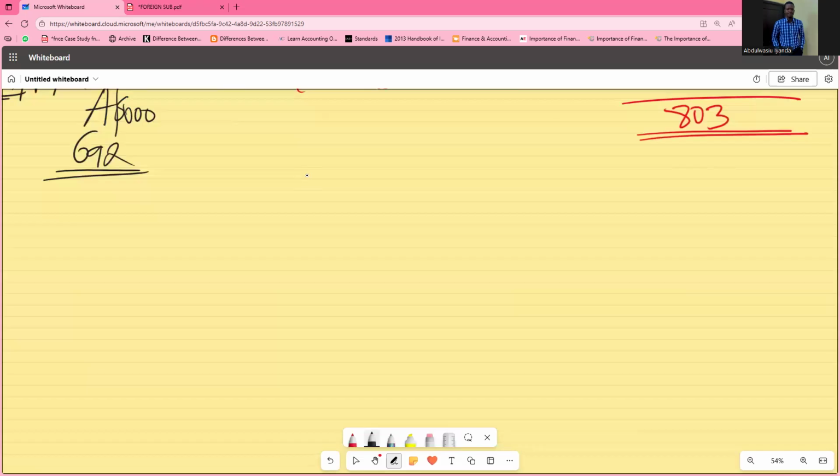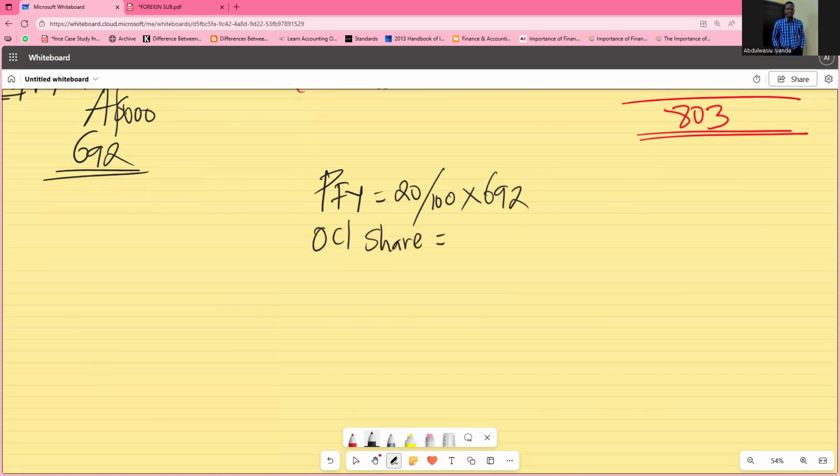We said earlier that from profit for the year, it is 20% multiplied by 692. There's also another one, OCI share. They are also going to collect 20 divided by 100 multiplied by that 185. There's also a gain on translation, or let me even call it by name, the FX gain.